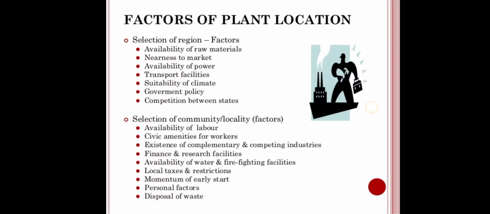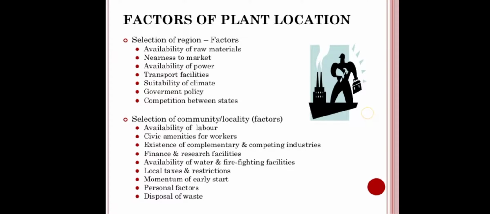So it is very important. Then competition between states is important. In some states, for some businesses there are more subsidies, in some states for some businesses there are fewer subsidies. So we have to take all of the factors into consideration.